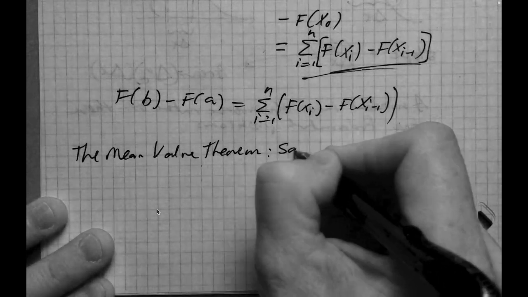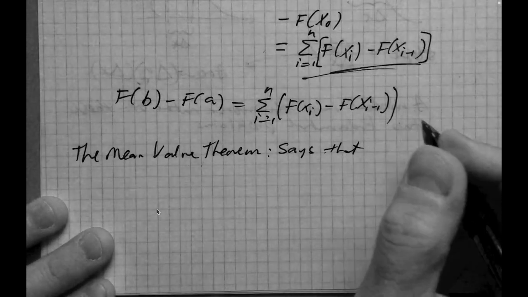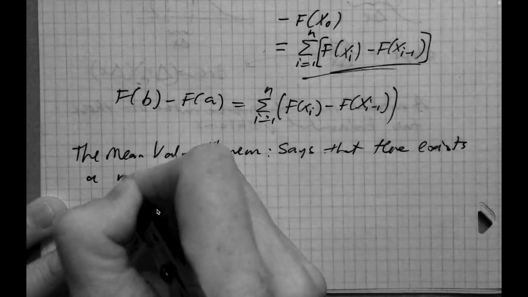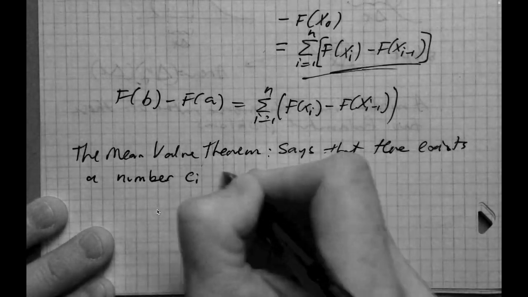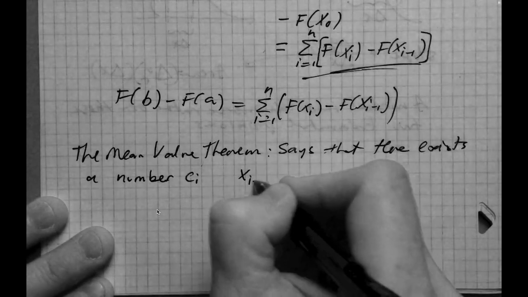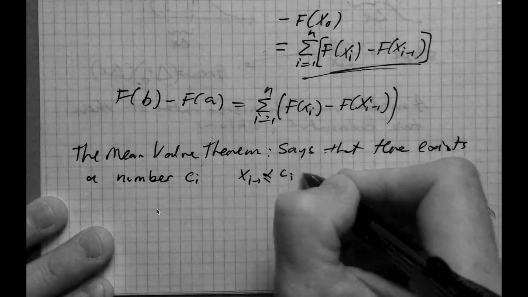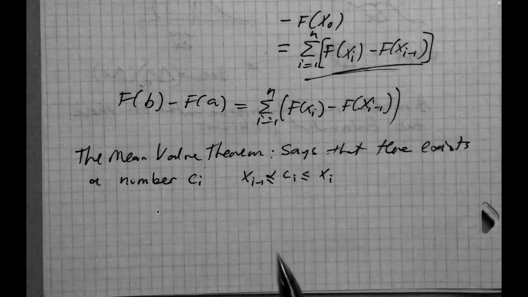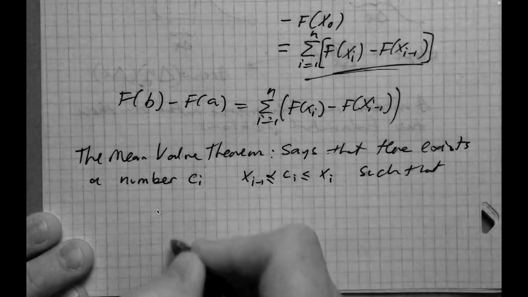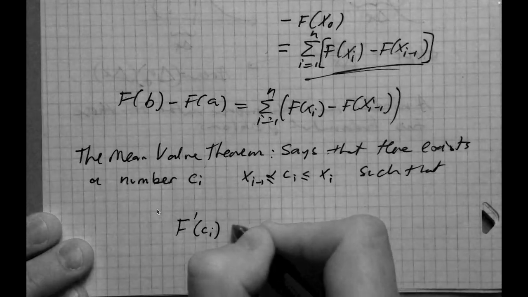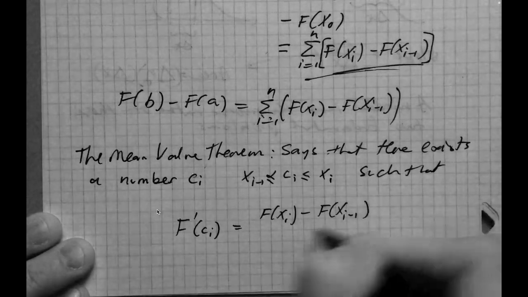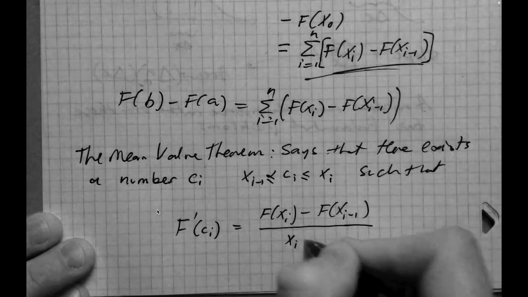The mean value theorem says that there exists a c i, a number, between x of i minus 1 and x of i, so within the ith interval there's some number c i such that F prime of c i is equal to F of x i minus F of x i minus 1, divided by x i minus x i minus 1.